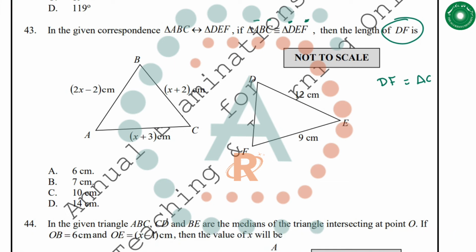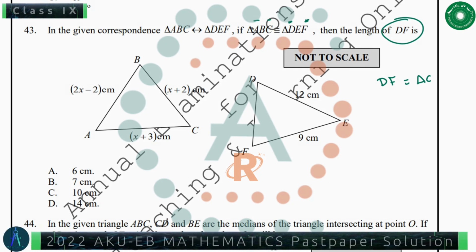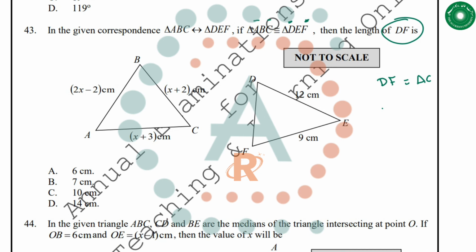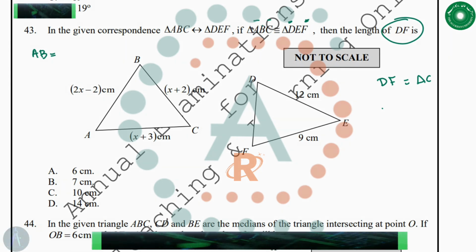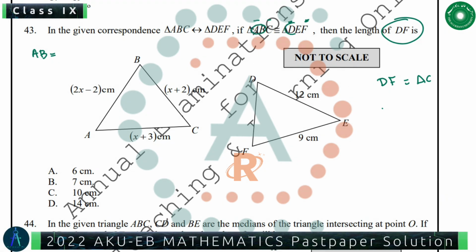So DF is itself equal to AC. So first we have to find AC. From this triangle correspondence, we can see that side AB is equal to DE.